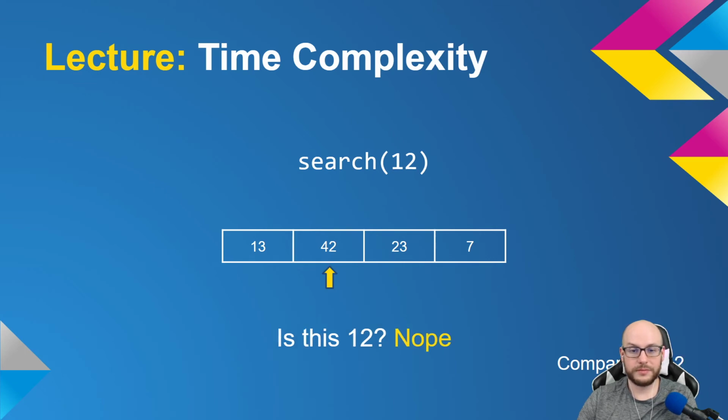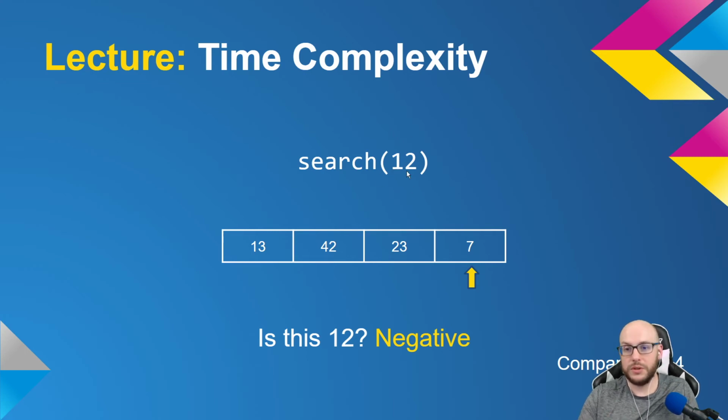Is this 12? Nope. That's another comparison. Is this 12? No. Is this 12? No. Notice that I made 4 comparisons and I still didn't find 12. That is equal to when we were looking for 7, so this is also a worst case scenario. That is a big O of n.